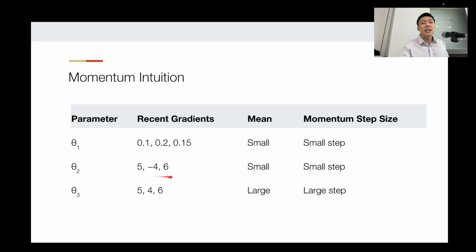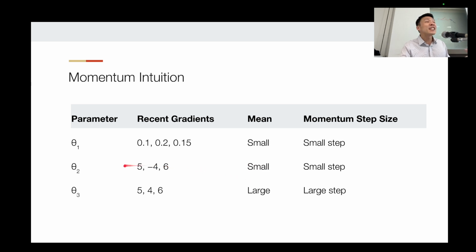If you see that the gradient starts to oscillate, so it bounces up and down too much, that means you're not in the smooth area anymore. You start bouncing around. If you take the average of something that oscillates like this, the negative and the positive will cancel out. Then you get something small, then you take a small step.